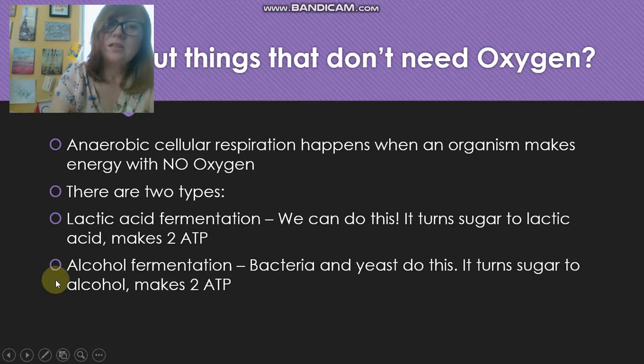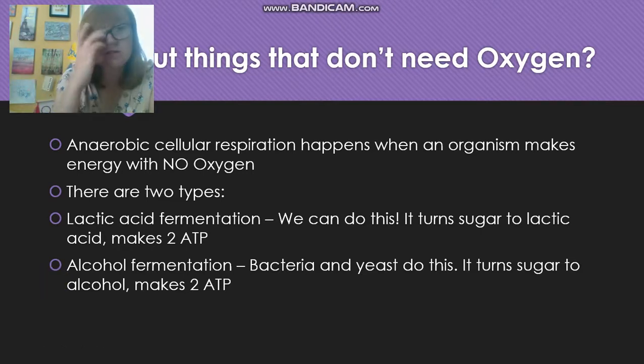The other type, you can't do this, is called alcohol fermentation. The kind of creatures that do this are things like yeast, which are used in making bread or making alcohol, fermenting foods. So they don't use oxygen. They take in sugar and they turn it into alcohol, like literal alcohol.